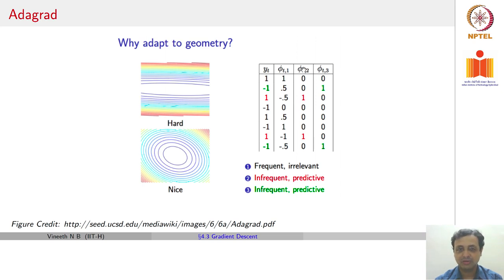So you can see in phi t2, it doesn't matter here what these quantities are, this is only an example. When phi t2 is 1, we see that yt definitely becomes 1. It doesn't matter when it's 0, but when it is 1, the output is definitely 1. Similarly for phi t3, you see that when it's 1, the output is definitely minus 1.